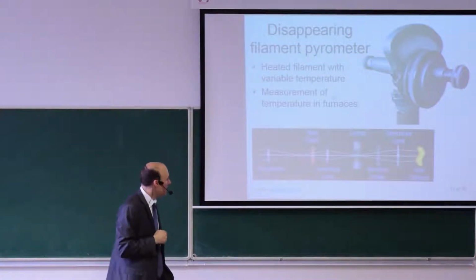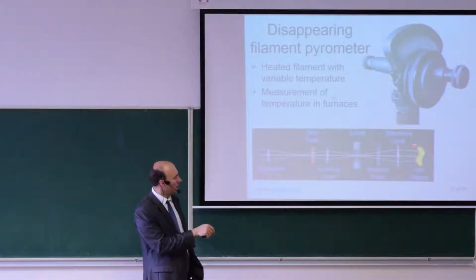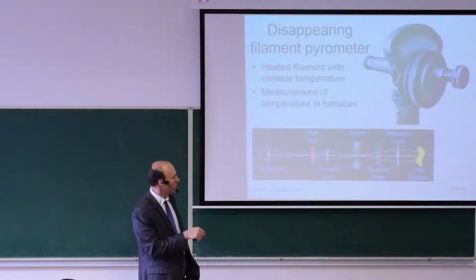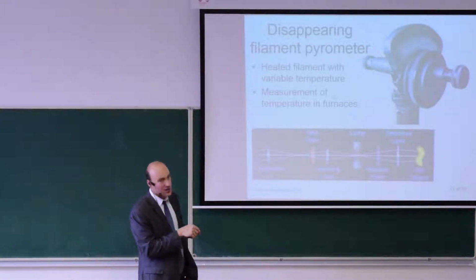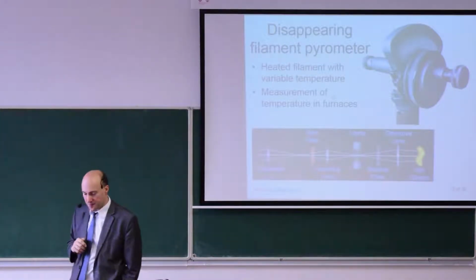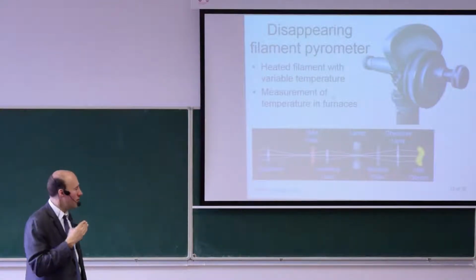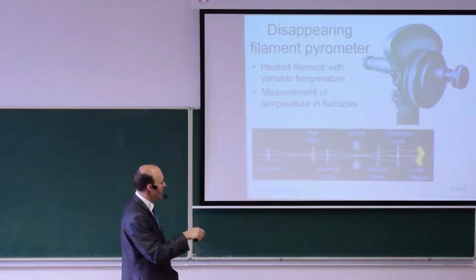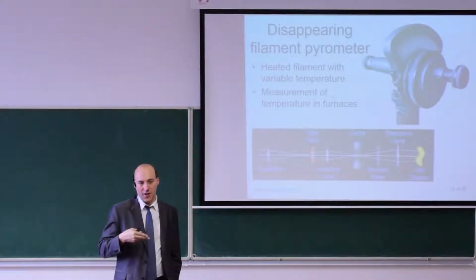How does it work? We look on the hot object, and we focus the light from the hot object. Here there is a lamp with a filament, and we are comparing the brightness of the object with the brightness of the filament.